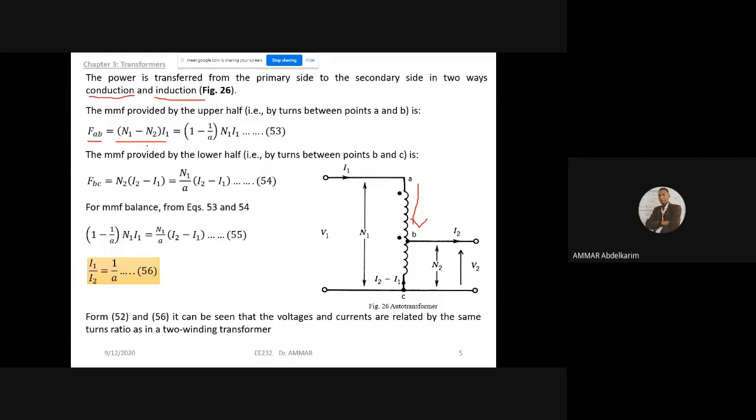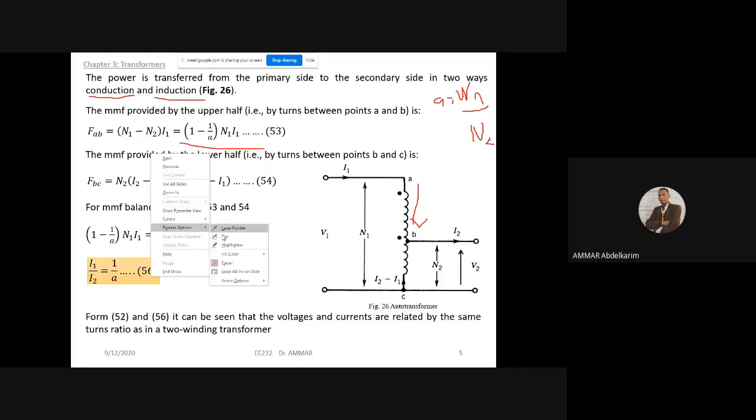And this equals what? If we take N1 as a common factor, we are going to have N1 times (1 minus 1 over A), because A equals N1 over N2. So this is the MMF between A and B, the upper half.